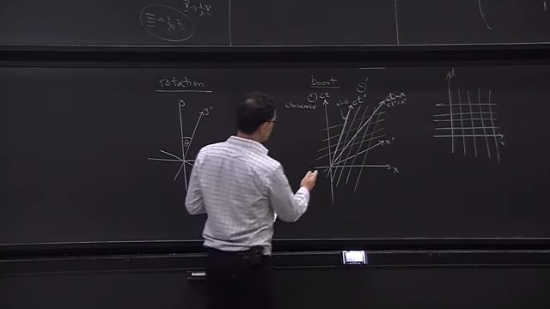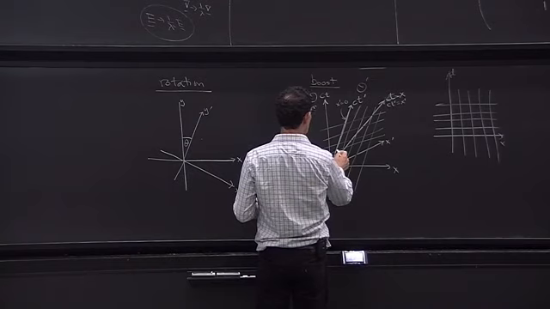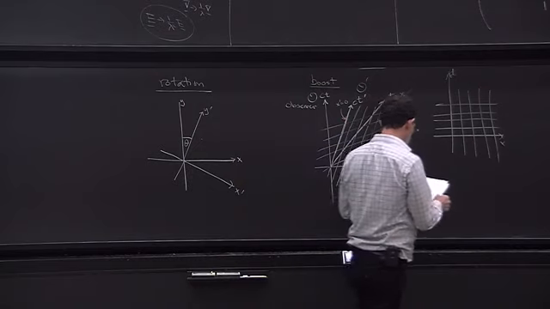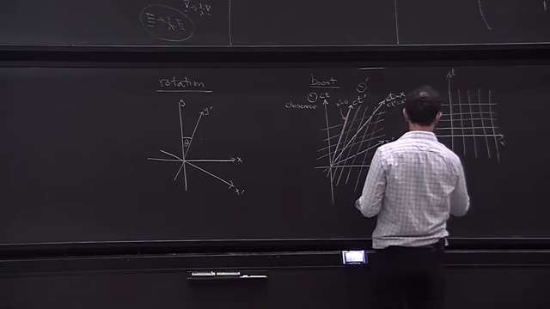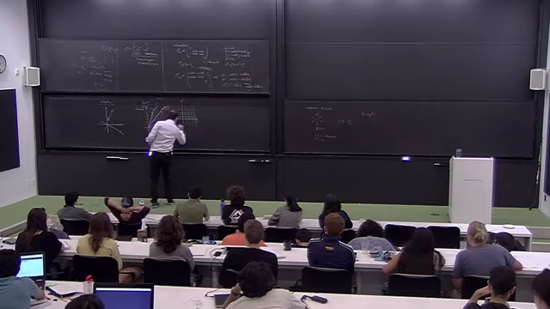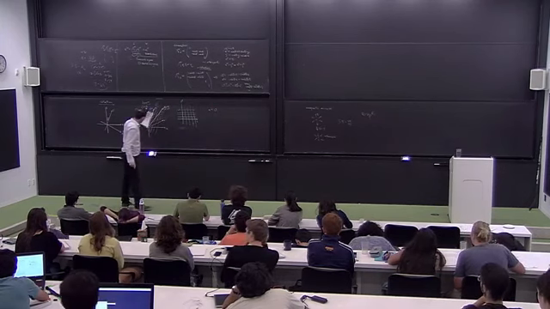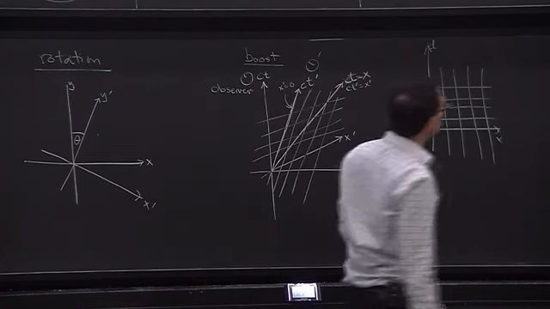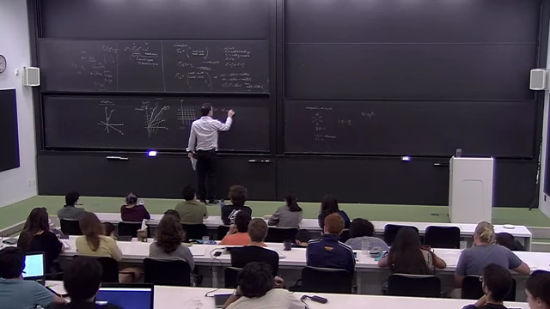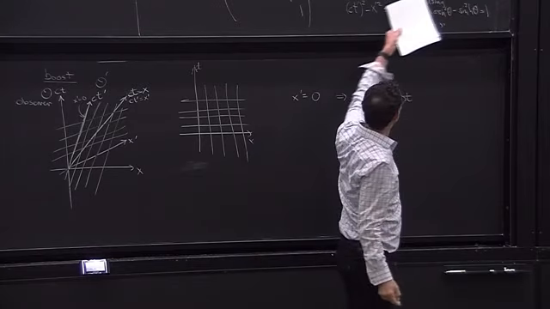Let's just work it out. So x prime equals 0 means the location of observer O prime, and x prime equals 0 is just x equals tanh theta ct, from this equation.